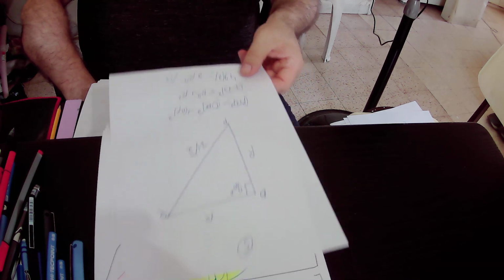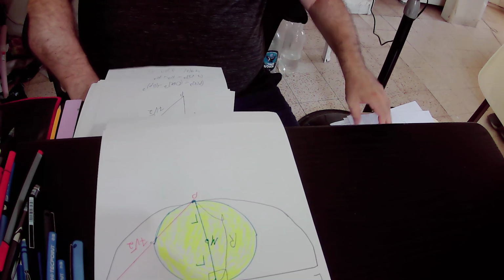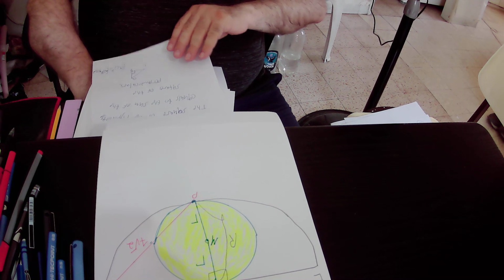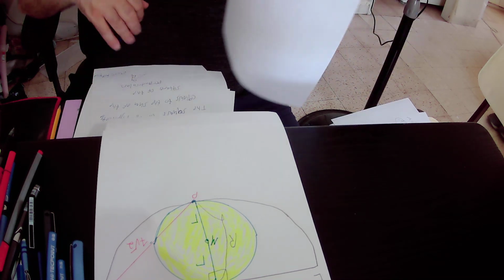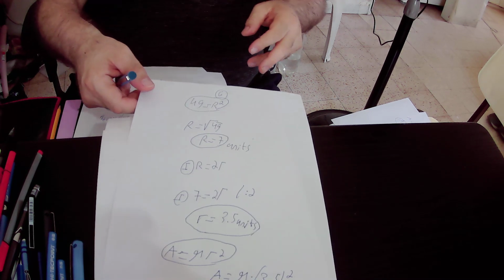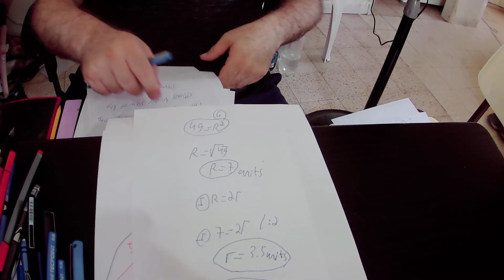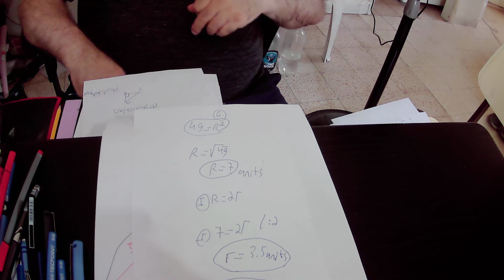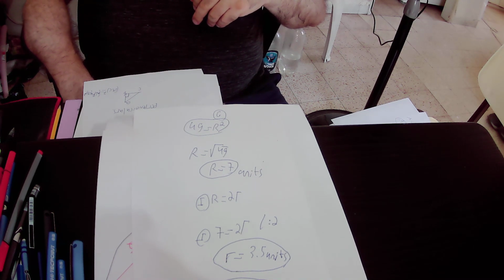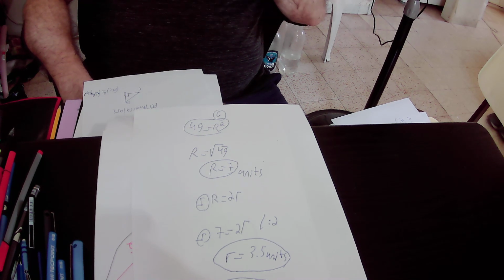Then we divided the equation by 2, and we got that R squared equals 49, so we took the root of both sides of the equation, and we got that R equals 7 units.